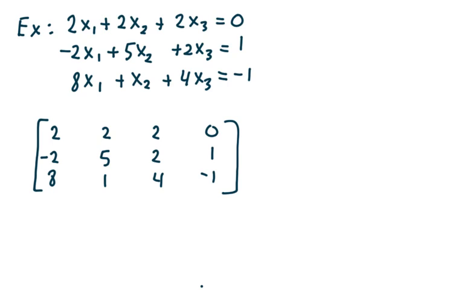And so remember what I said in the last example. If we look at the first entry in the first row, I want that to be a 1. The question is, how do I get that to be a 1? The way to do that is I'm going to take row 1 and multiply it by 1/2. And so what does that look like?